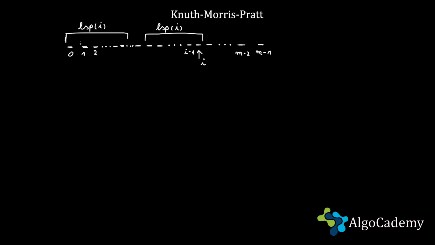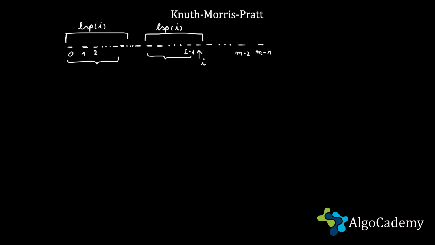Well, if this happens and these two are equal, obviously these prefixes of them, this one and this one, of length LSP of I minus 1 are also going to be equal. But as you can see, this is a suffix that ends in I minus 1 and is also a prefix. So it might be LSP of I minus 1.